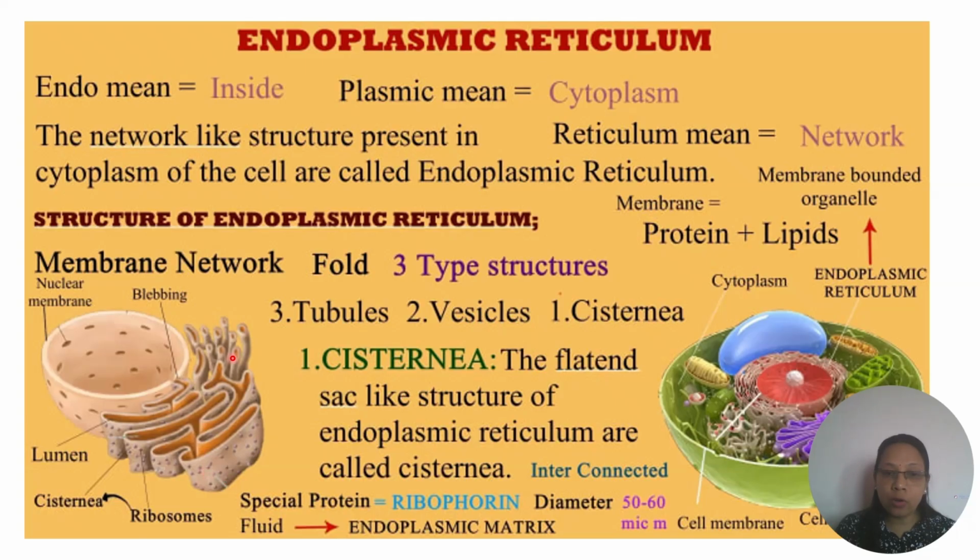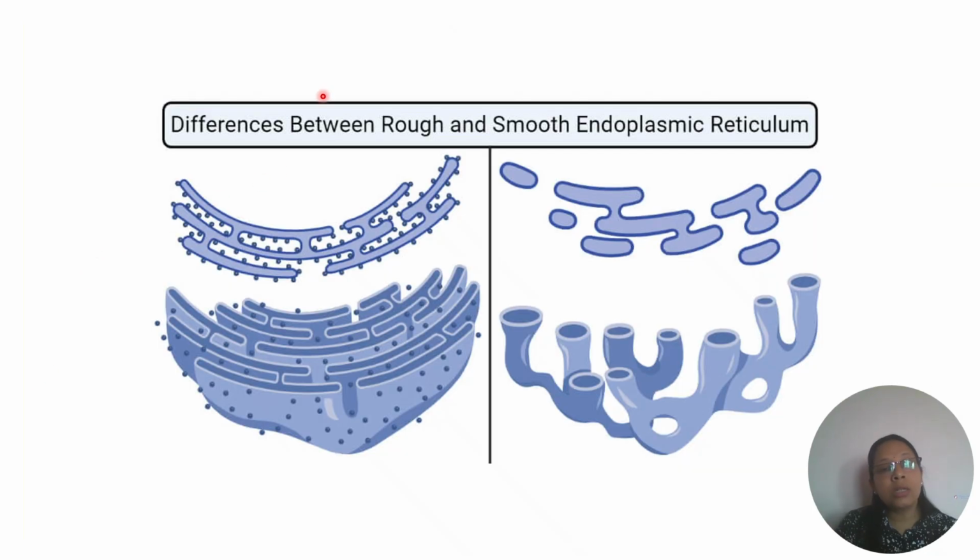Whereas some parts of the endoplasmic reticulum, mainly vesicles and tubules, the tubular part, show absence of ribosomes. They do not show presence of ribosomes. Therefore, these ER are called smooth endoplasmic reticulum. So the structural difference between RER, rough endoplasmic reticulum, and SER, smooth endoplasmic reticulum, is the presence of ribosomes, these granular structures, in RER, whereas SER is devoid of these ribosomes.